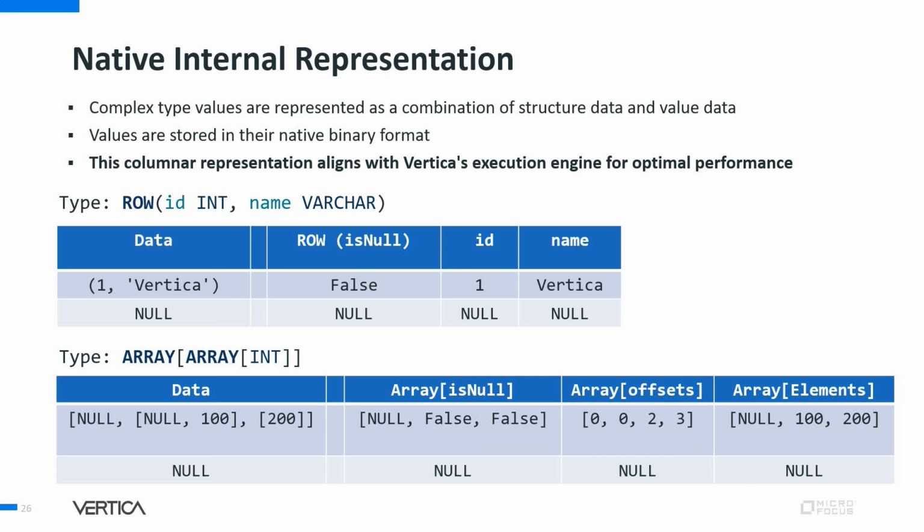For an array type, we keep structure columns for each dimension, and then one values column, which packs all of the array elements together. The dimension structure columns include a null indicator column and a sub-array offsets column. The null indicator is itself an array, and it marks whether each array element is null.